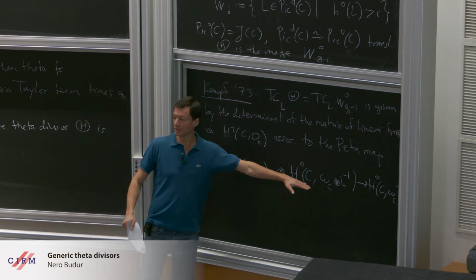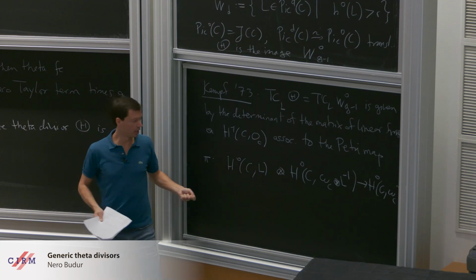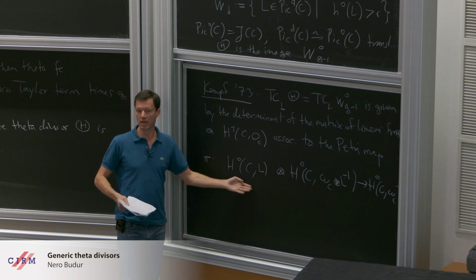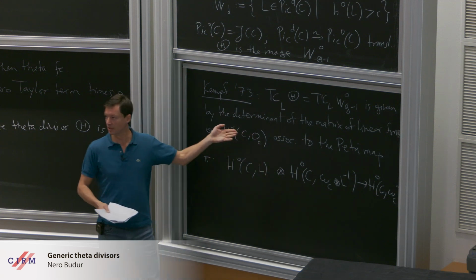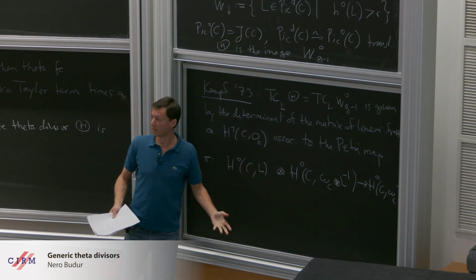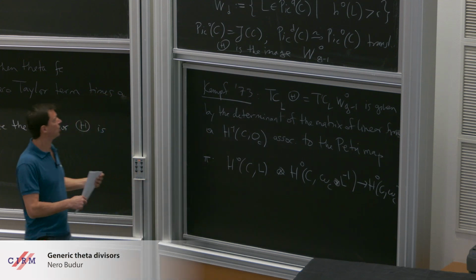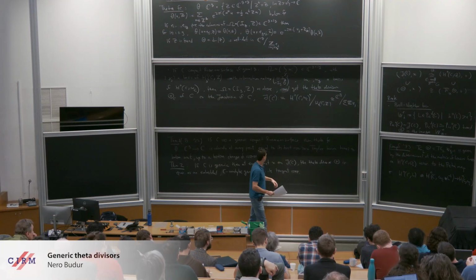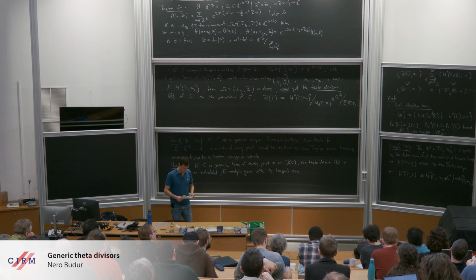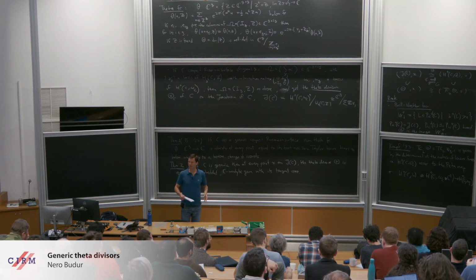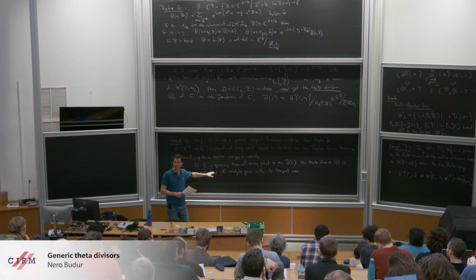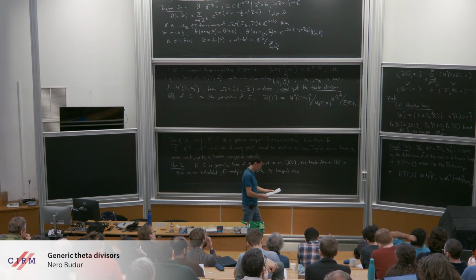You fix bases, and for each i and j you get an element in the dual of this space. So you can view this map either as a linear map or as a matrix of linear forms on H^1(O_C). Then you take the determinant of that, and that is the tangent cone. So in particular, this completely determines the local structure of the generic theta divisor. And we know lots of things about singularities of generic determinantal varieties, so we can transport all those things to the generic theta divisor.